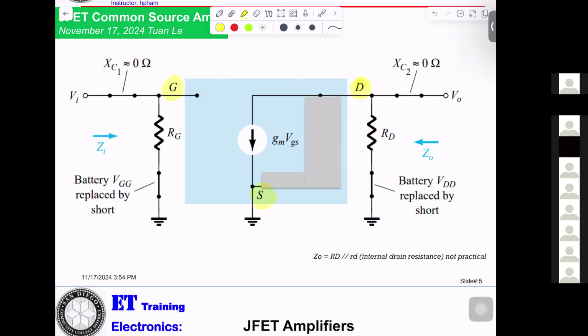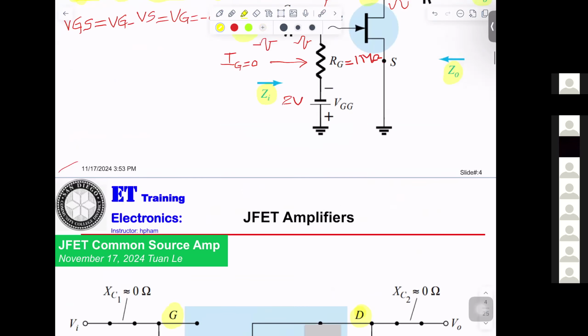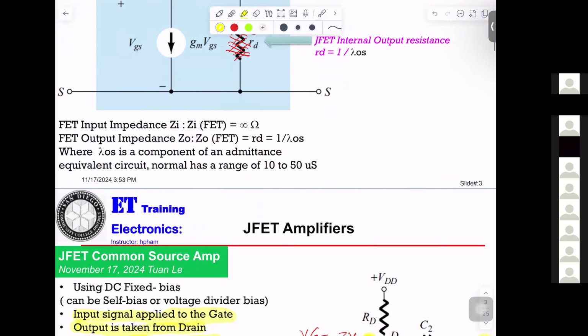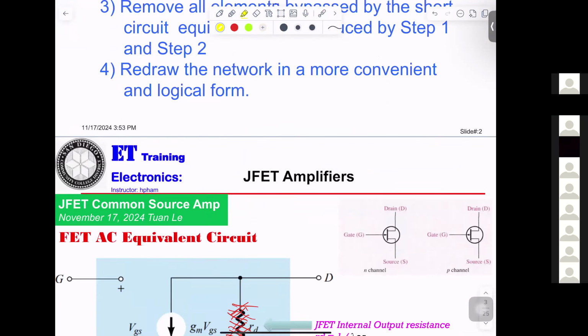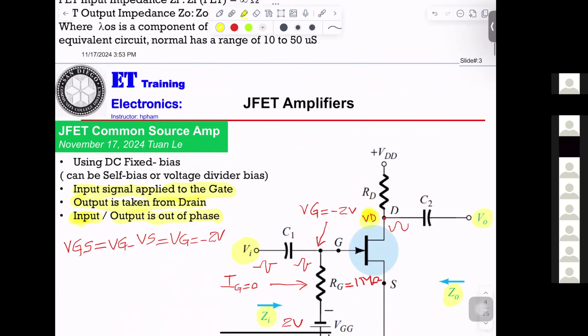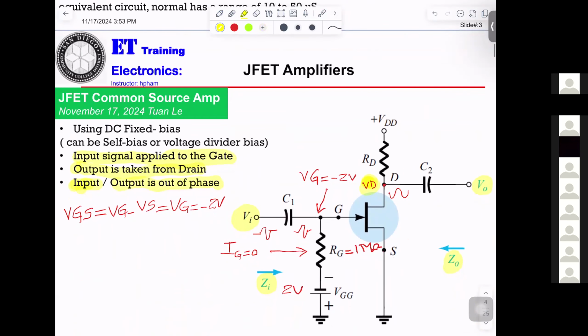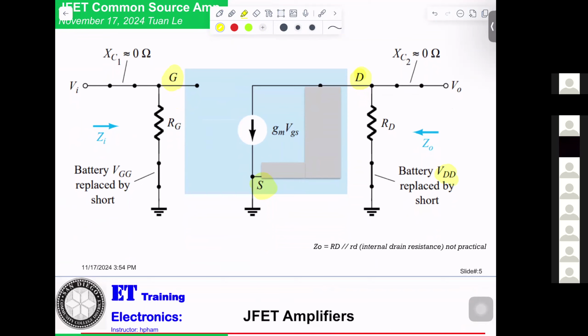Now, we're looking for the battery, VDD. You can see VDD. Same thing, DC will be shorted, so that's why they're shorted throughout.